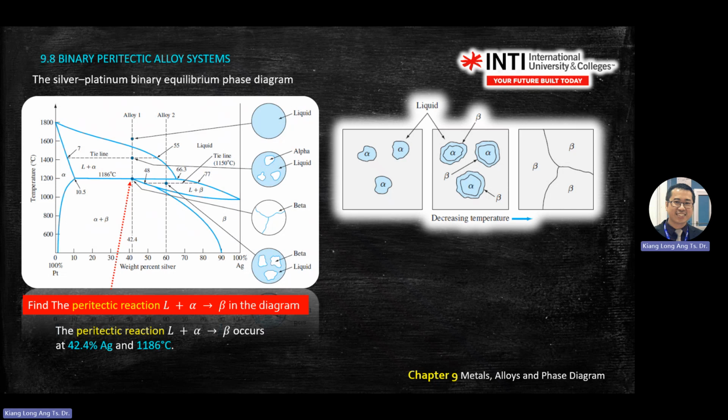Then, as it grows, it changes into beta. So you take again this peritectic reaction, liquid plus alpha, and this is a process. And then at the end, you get beta.